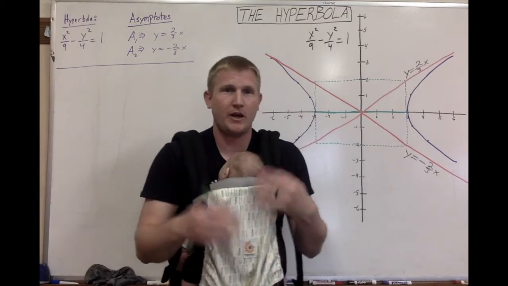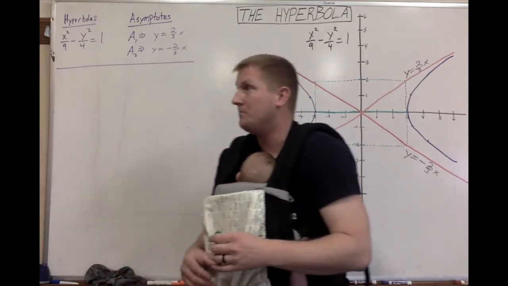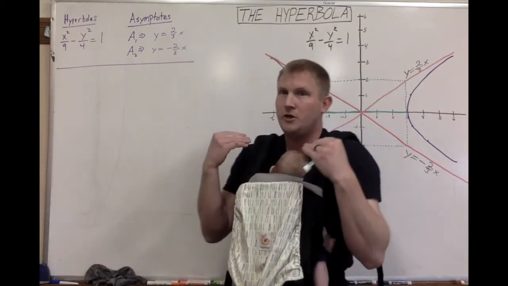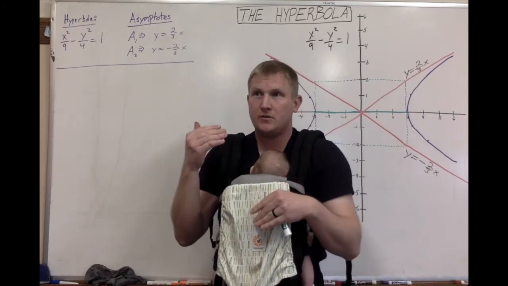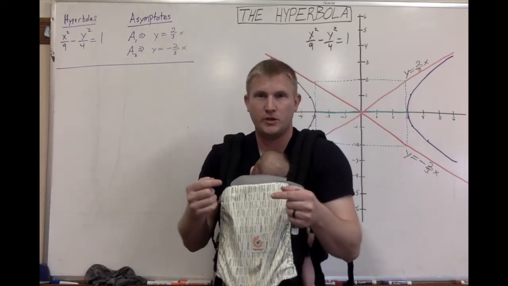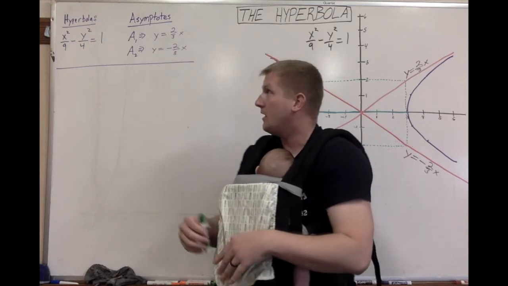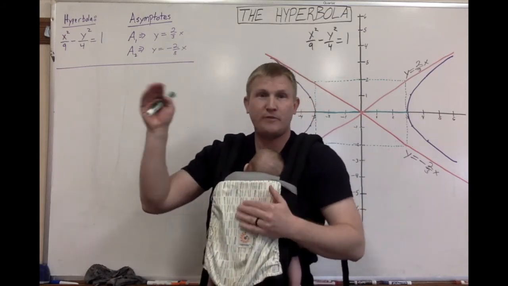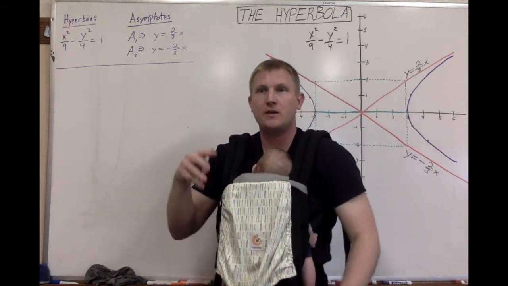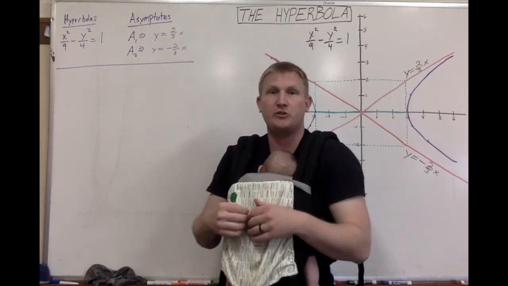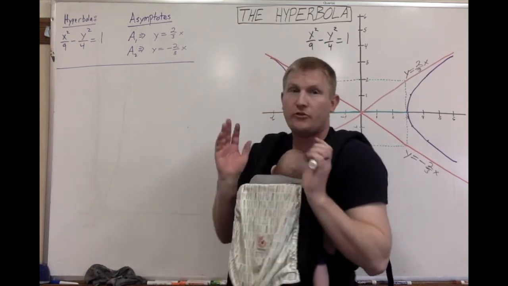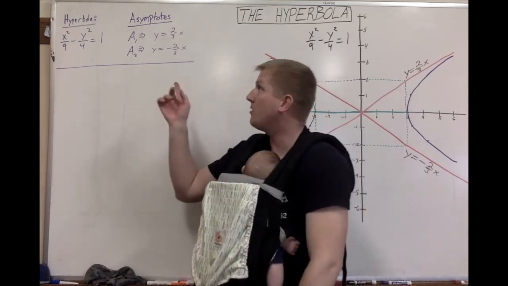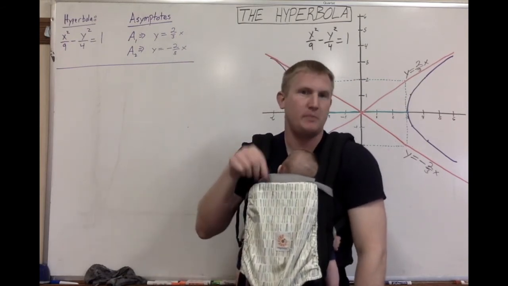You remember this method? I call it the Sherlock Holmes method, where we're going to assume that what is false is true. And you know what assuming does. And then if by assuming a falsehood to be true, we get an absurdity, that proves that our initial assumption must have been wrong. So let's assume that the hyperbola and the asymptotes do meet eventually.